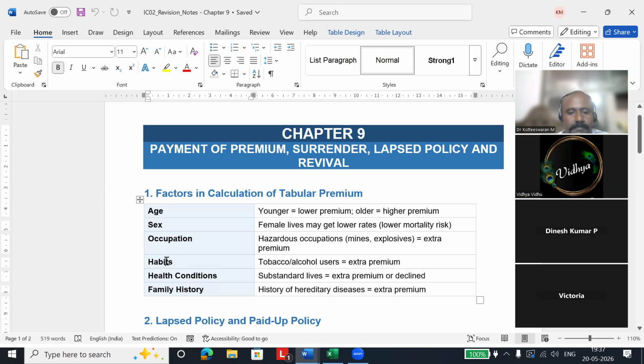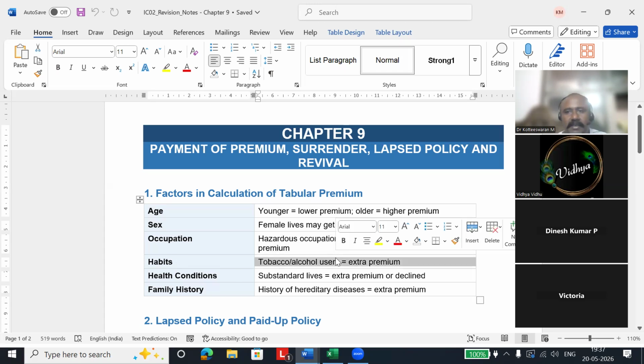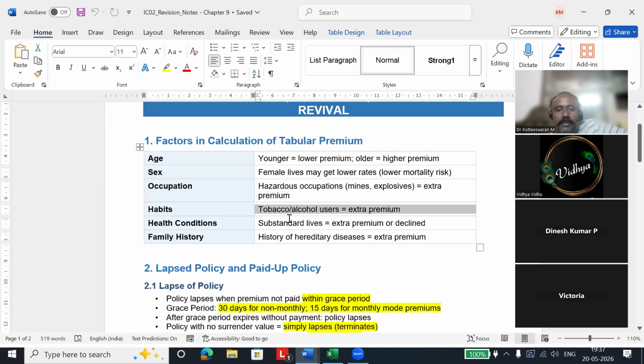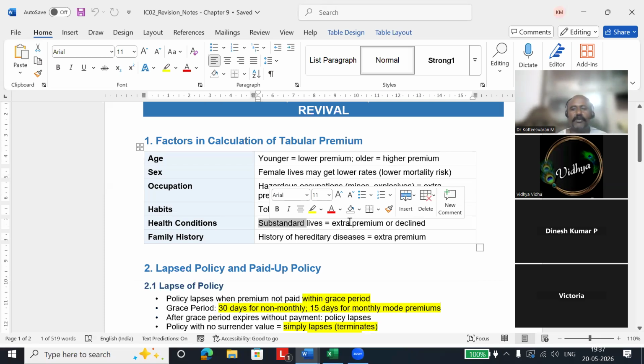So habits. Tobacco and alcohol have a direct link to death. So they will charge extra premium if you are a tobacco user or an alcohol user. Health conditions. This we already know. If you don't have any health issues, no extra premium.